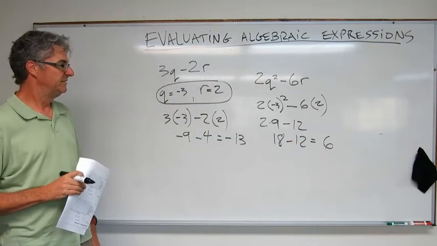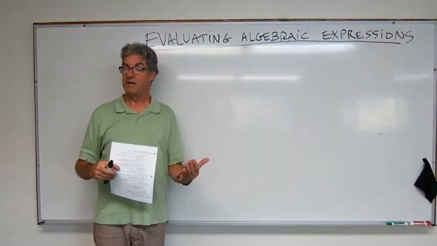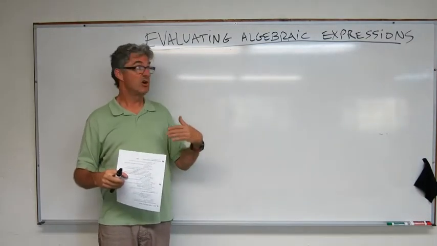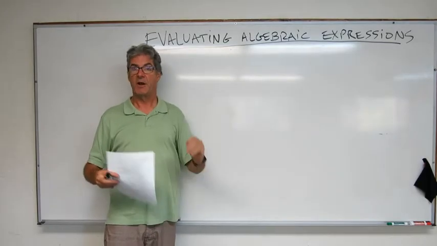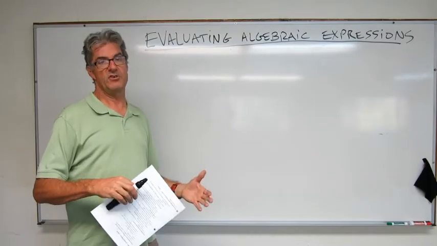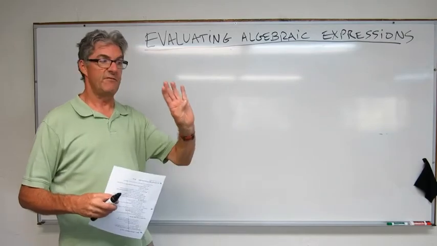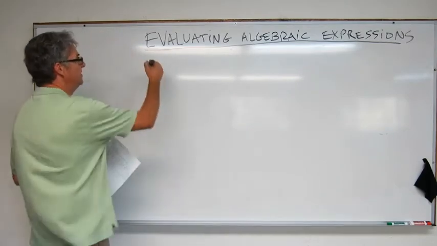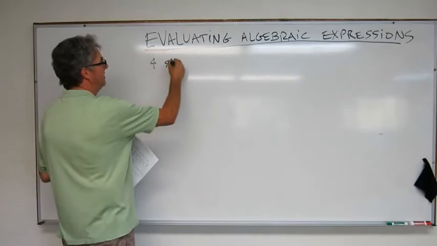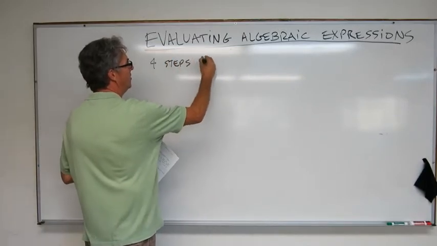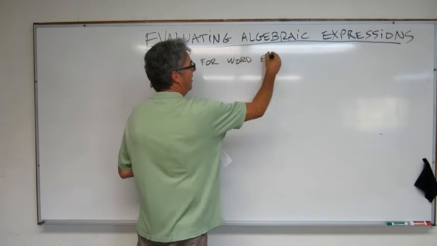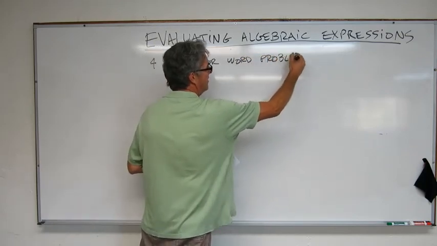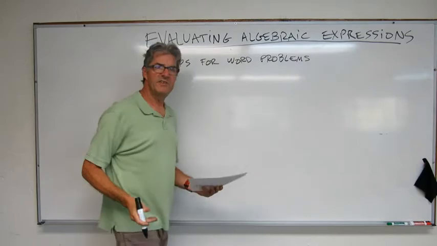Okay? Some of the problems you might see are word problems that are going to require that you use some of these techniques to get to your answer. But I want to first share with you my tried and true method for doing word problems. It's a 4-step process. And here's the thing about word problems.